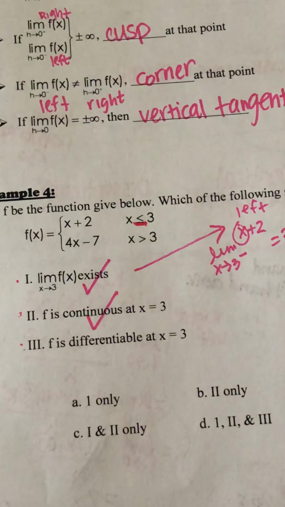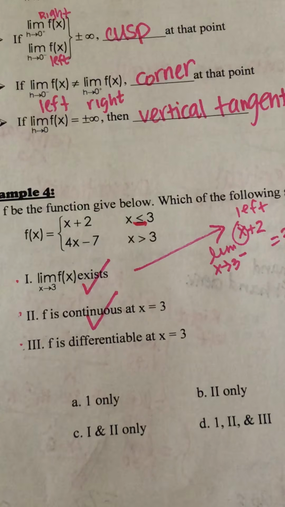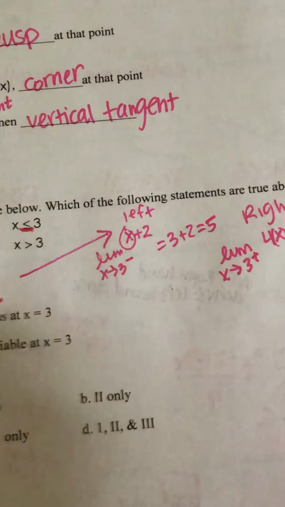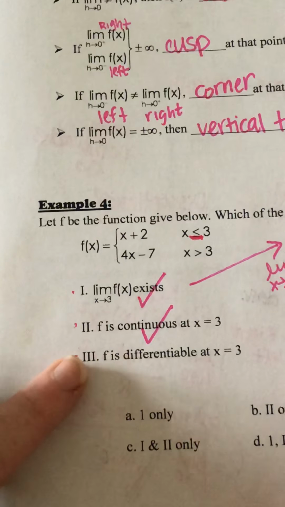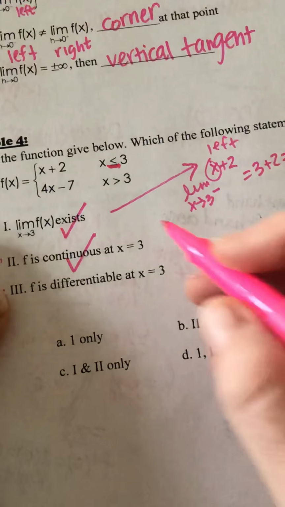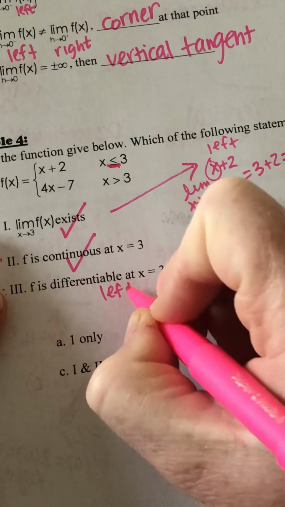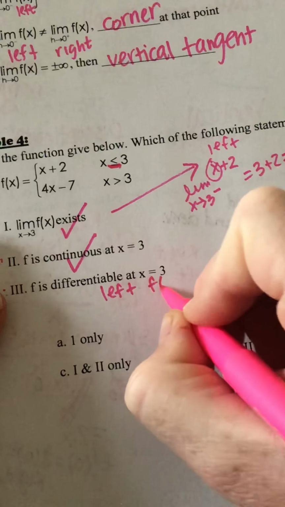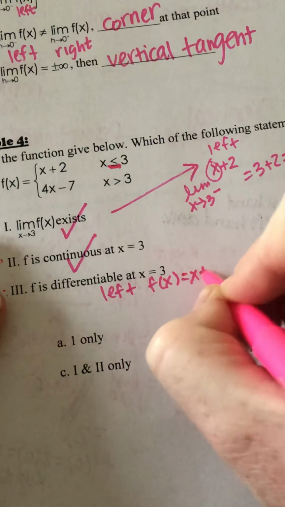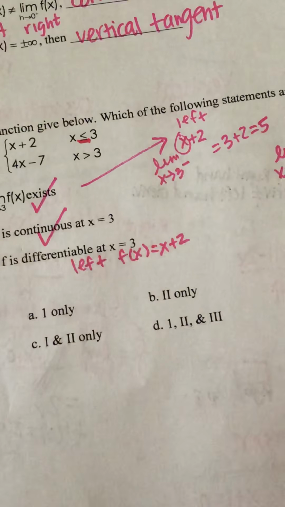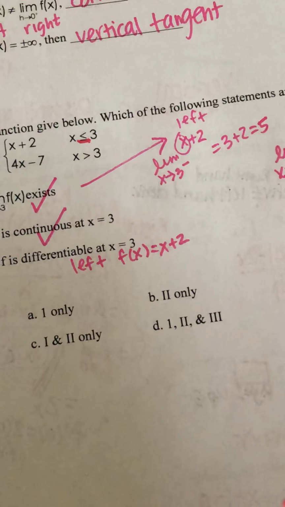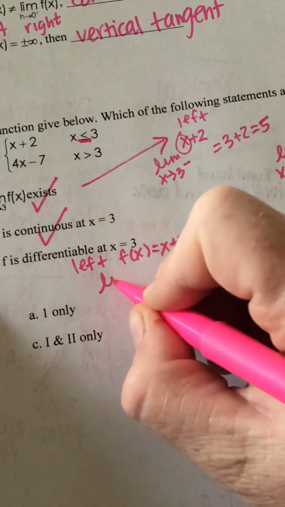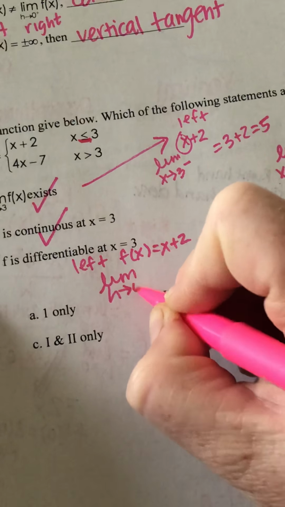So is f differentiable at x equals 3? To find that, we want to look at the left and the right side limit. Not just, sorry, we looked at the limit. We need to look at their derivative. So the left side derivative, when f of x is x plus 2, we're going to do f of x plus h minus f of x all over h, and take that limit as h approaches 0.